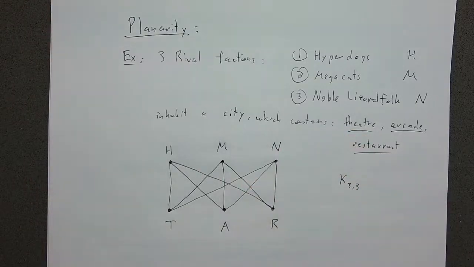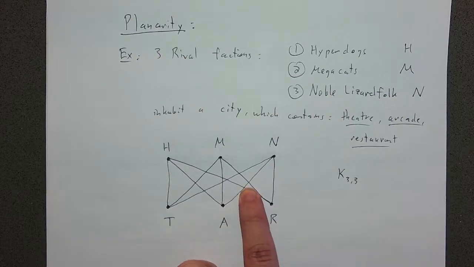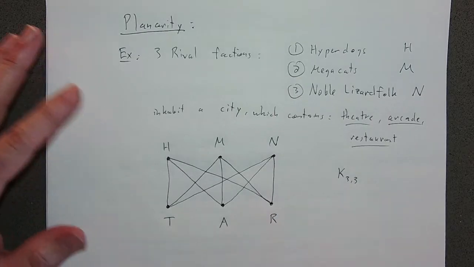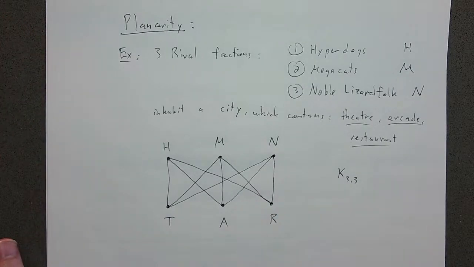I could think about that, even though there's no vertex where these things intersect. I could think about that as being still some kind of intersection that I want to avoid. So then the question is, can I draw this in such a way that the edges intersect only at vertices, right?